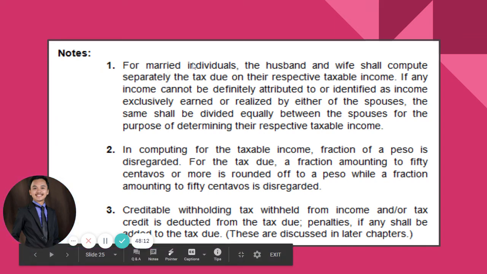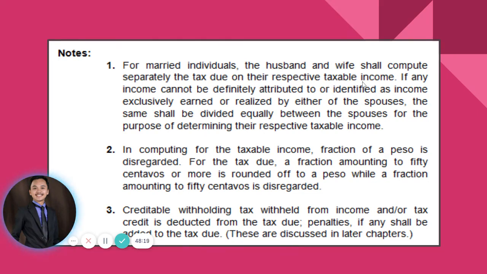Now, let's proceed with the important notes to remember. First, for married individuals, the husband and wife shall compute separately the tax due on their respective taxable income. So there will be a separate computation of tax due, and therefore also a separate preparation of income tax return.